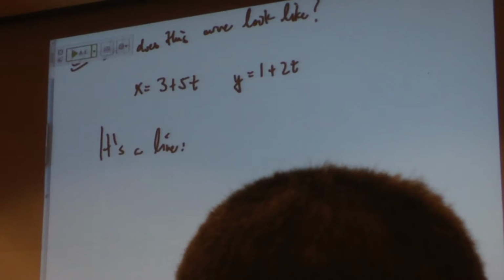It's a straight line, okay. What line? It's a line. You should be able to give me the equation for it. Can anyone eliminate the parameter and solve? 1 plus 2 times x minus 3 over 5.